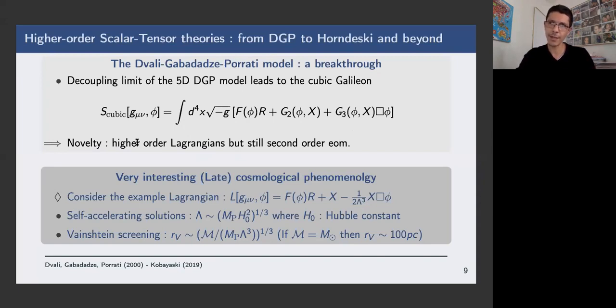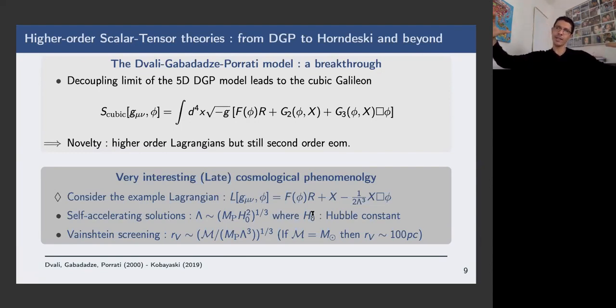So as I said, you have a very interesting late-time cosmological phenomenology associated to these theories. For instance, if you consider a very simple example in this family, you can have self-accelerating solutions.